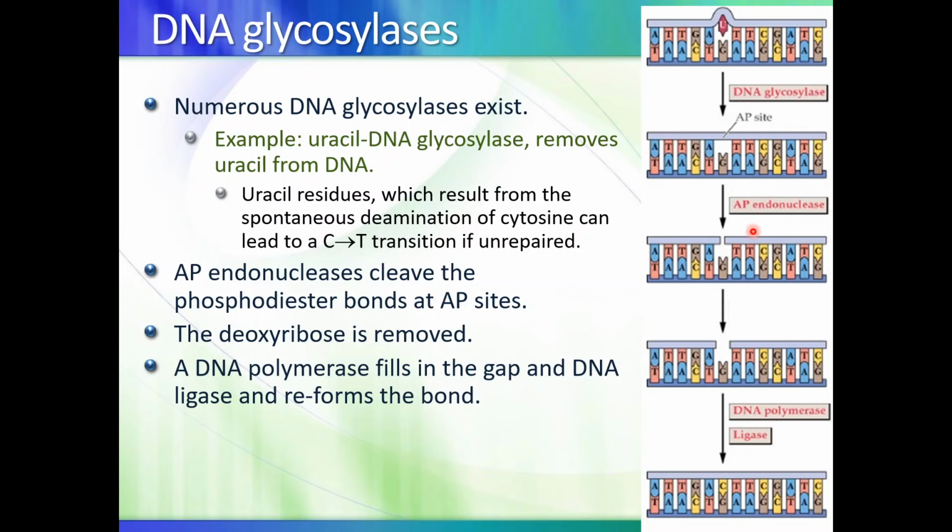What it does is that it removes the nucleotide that is damaged. So this is base excision repair. So we're not removing a fragment. Rather, you are removing just the base that is damaged.